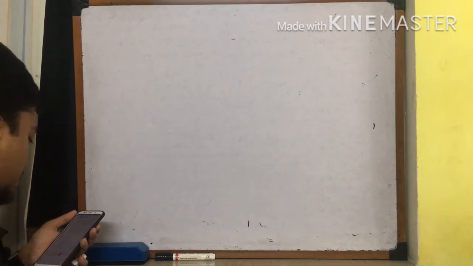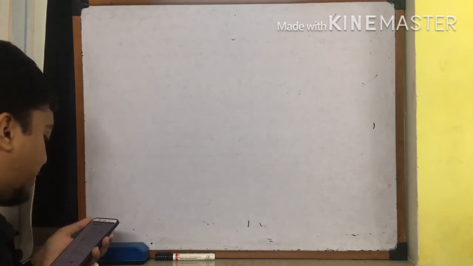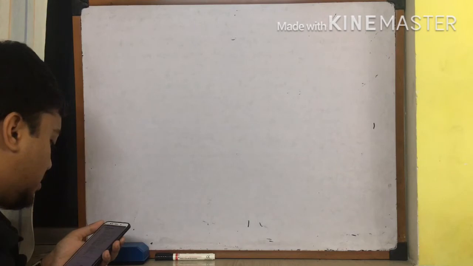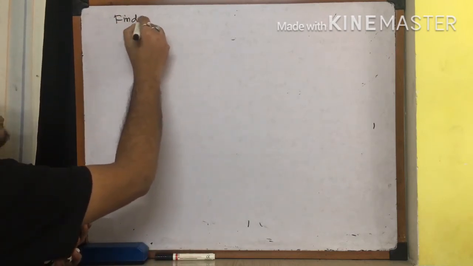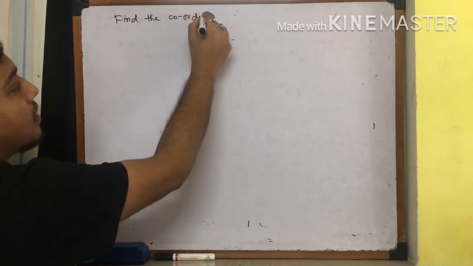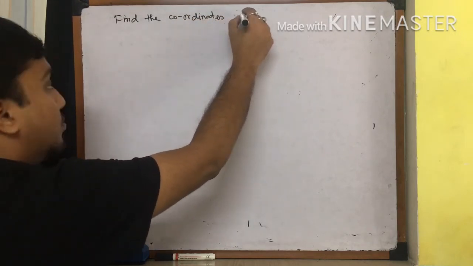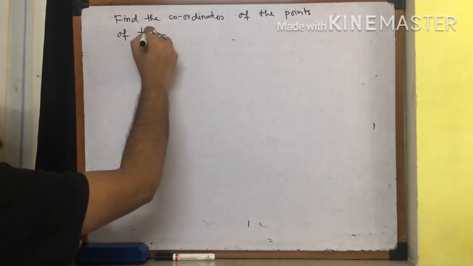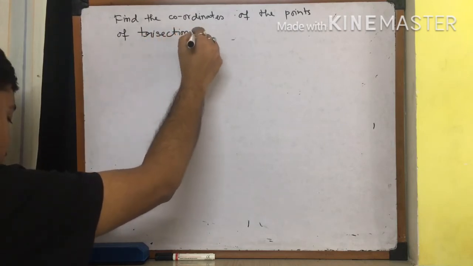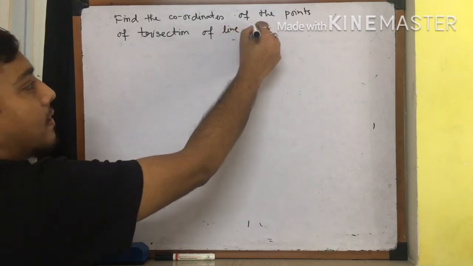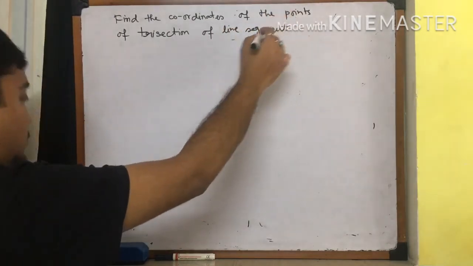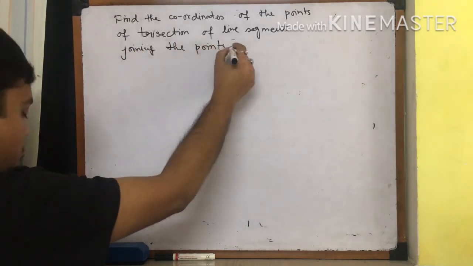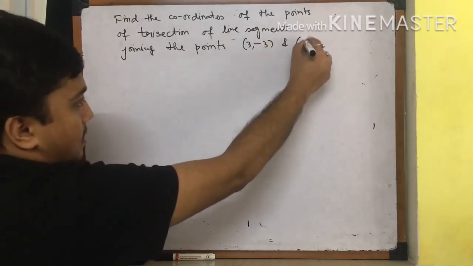Find the coordinates of the points of trisection of the line segment joining the points 3, minus 3 and 6, 9.